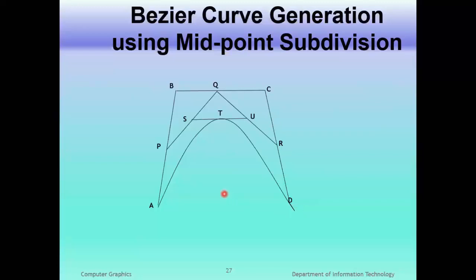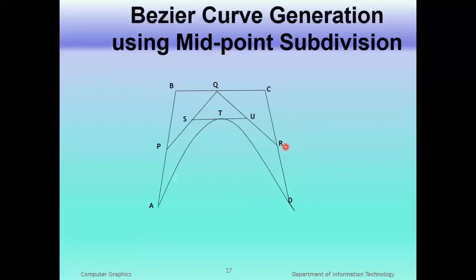As shown here in this figure, the points A, B, C, D are the original Bezier curve control points. Here we have 3 lines AB, BC and CD. Then we have to find the midpoints of these lines as P for AB, Q for BC and R for CD respectively.